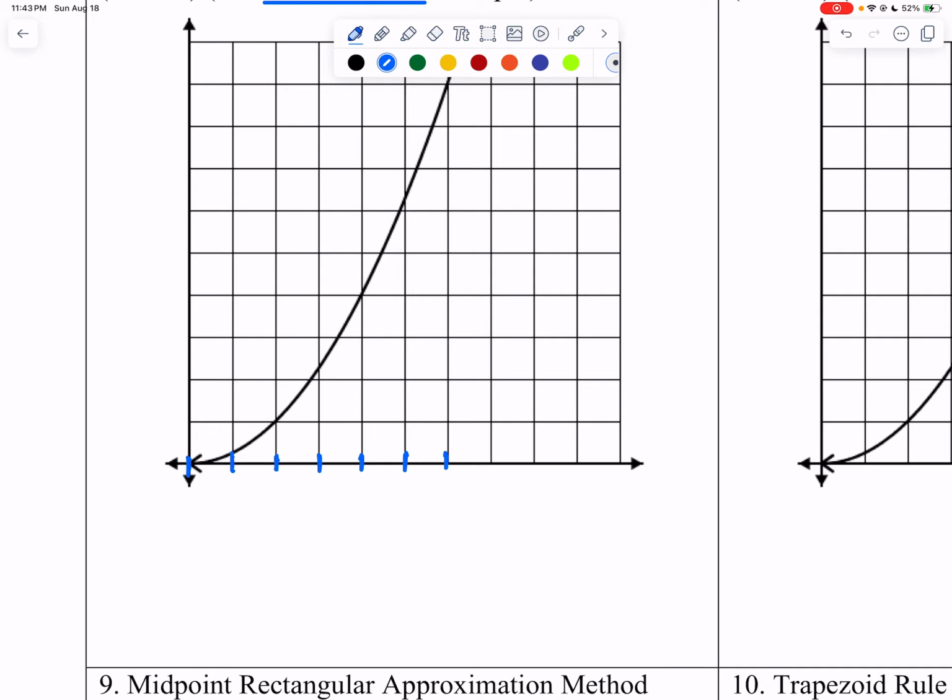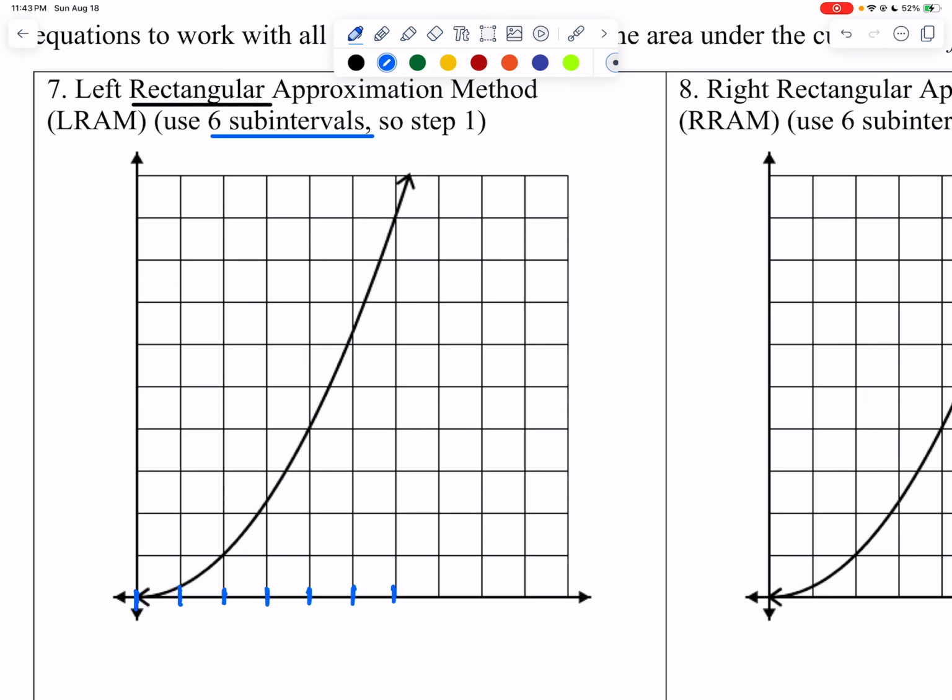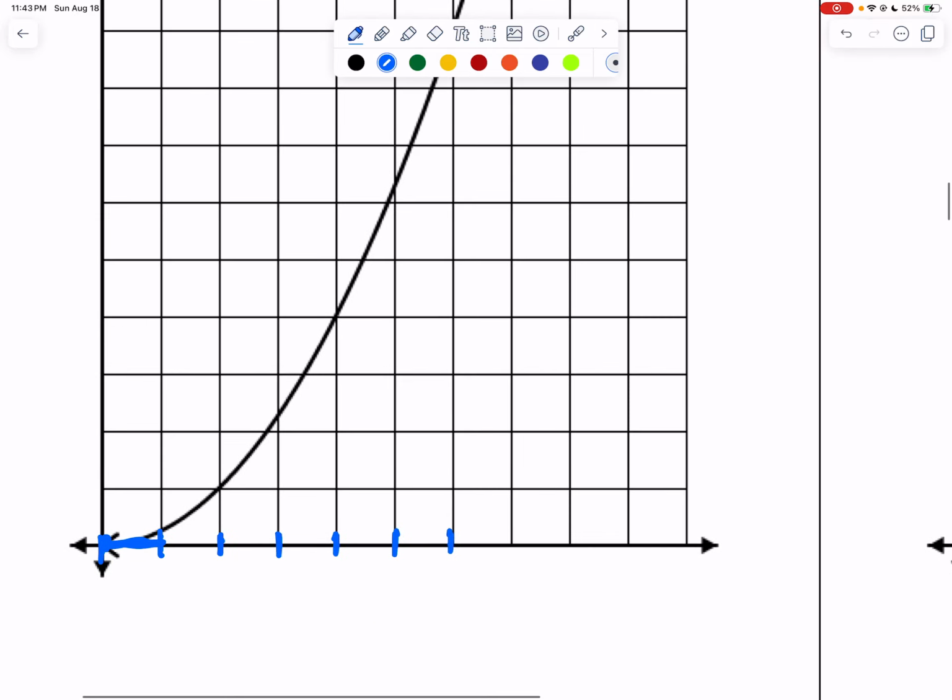And what I'm going to do is, since I'm using my leftmost x value here, I'm going to have this y value at x is equal to 0. And I'm just going to move it here so that I make it a rectangle. Plot twist, that's just going to be 0. Now at x is equal to 1, I'm going to have my y value at x is equal to 1.